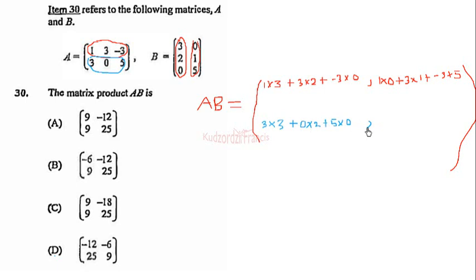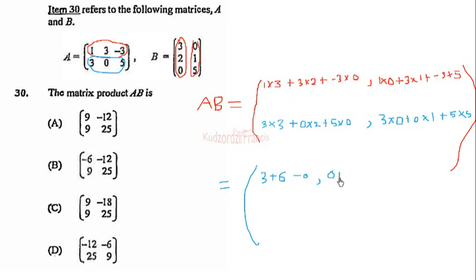Then we have 3 times 0 plus 0 times 1, then plus 5 times 5. So this will simplify to 3 plus 6 plus 0 minus 0.